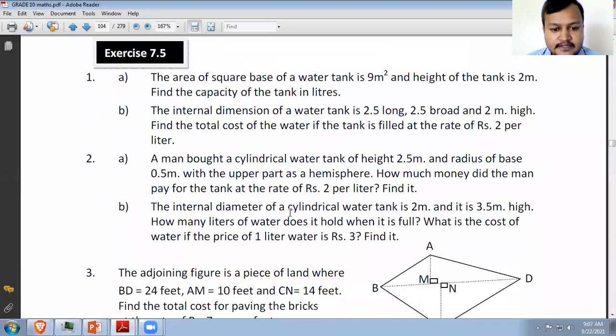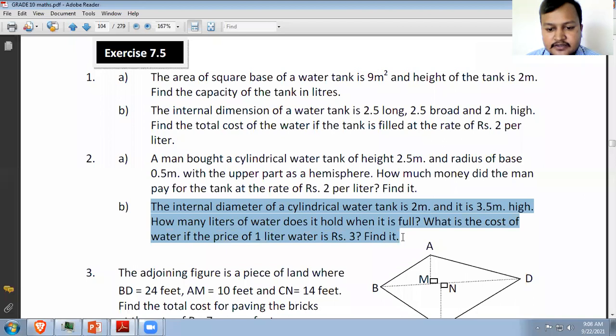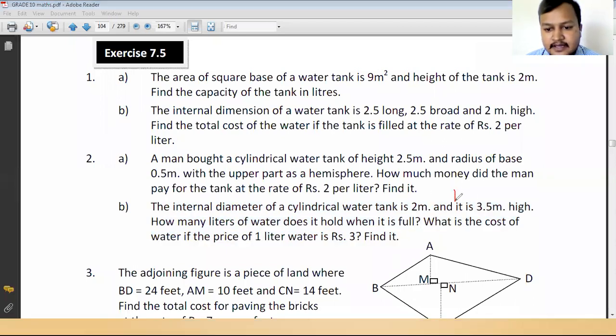Question number 2b: the internal diameter of a cylindrical water tank is 2 meter and it is 3.5 meter high. If diameter is given, radius is half of it, that is 1 meter. Height is 3.5 meter. How many liters of water does it hold when it is full? We just have to calculate its volume only. Pi r square h is the formula.